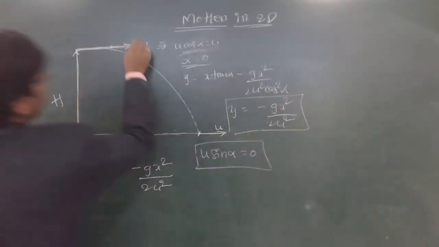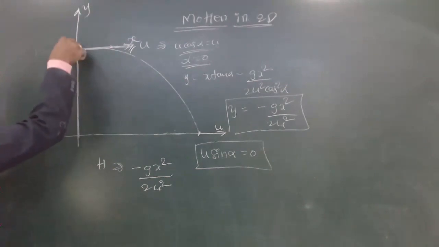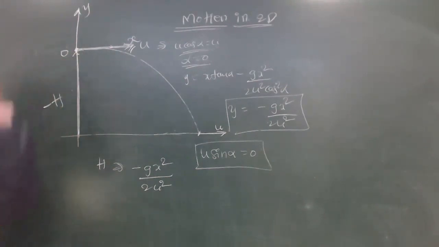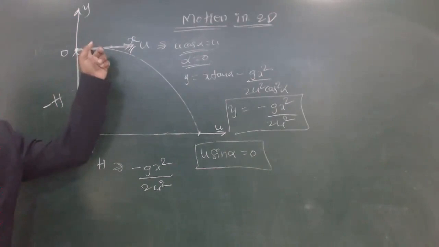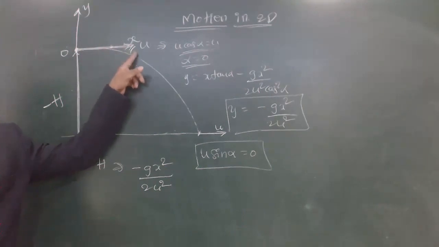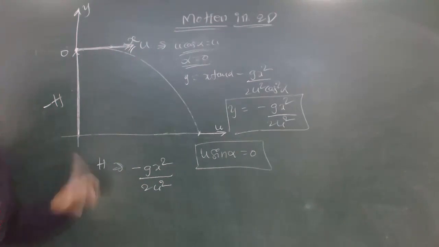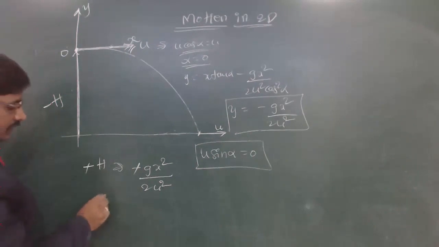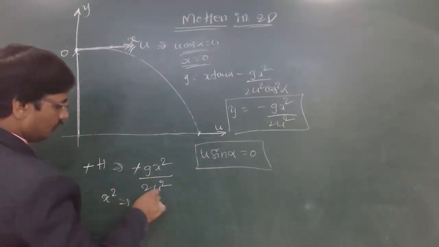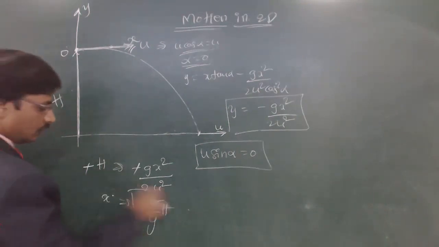That means this is the x-axis, this is the y-axis and this is the origin. Then this value is going to be at a height of minus h, because this is the reference point now. This is where we started the projectile with 0 angle and an initial velocity of u in the horizontal direction. Then this value is going to be minus h, and the minus signs cancel out, and then x square is equal to 2u square by g into h. So for the x value, you can take the root of it.